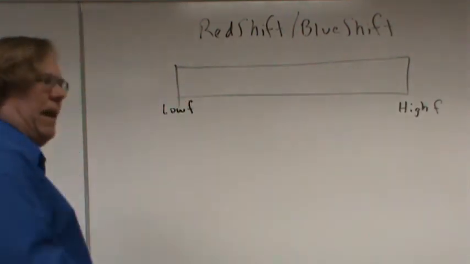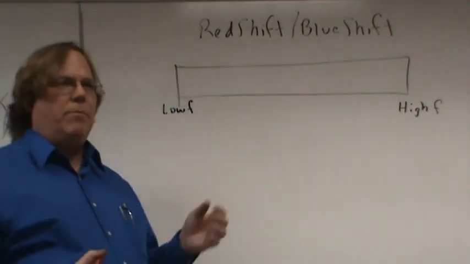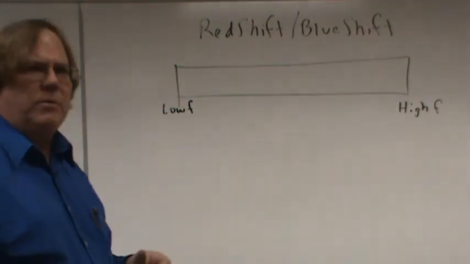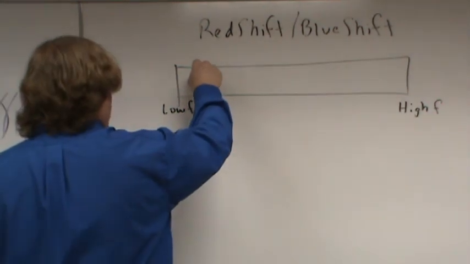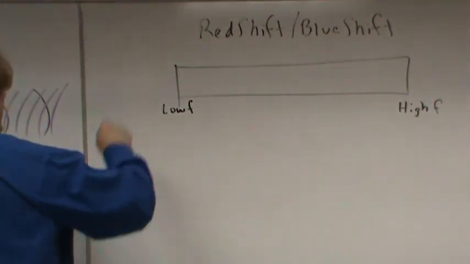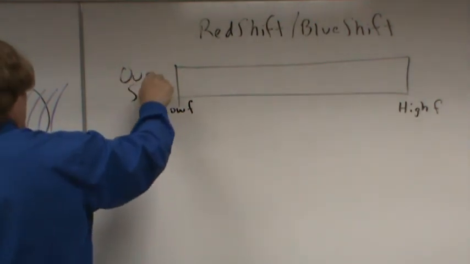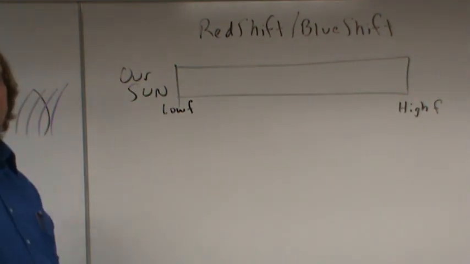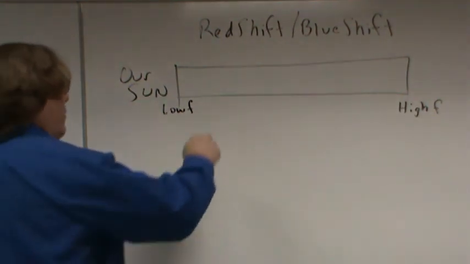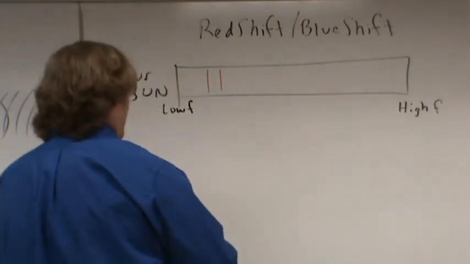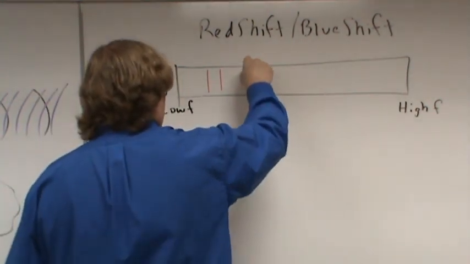So let's say, and now I'm going to have to pretend, because I don't have the Balmer series and the Lyman series and all those series memorized, so I'm just going to pretend. Let's say our sun happens to be giving off these particular frequencies. It's giving off a couple of red frequencies. It's giving off an orange frequency right there.